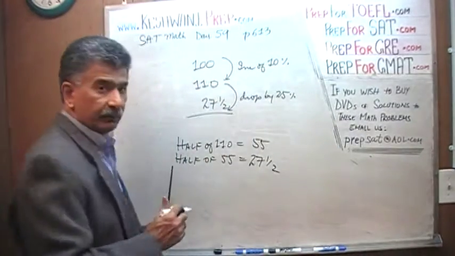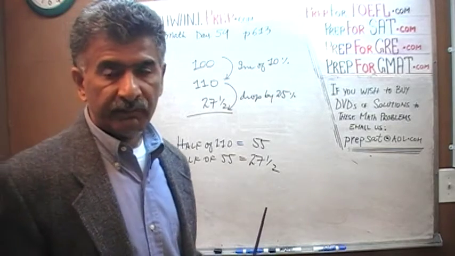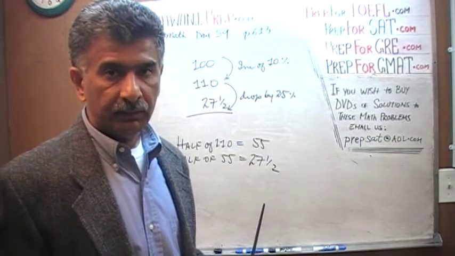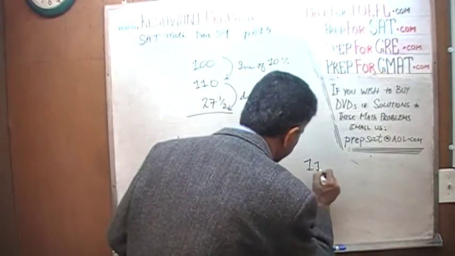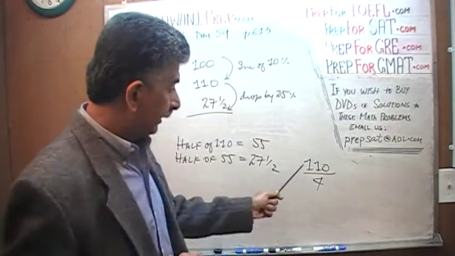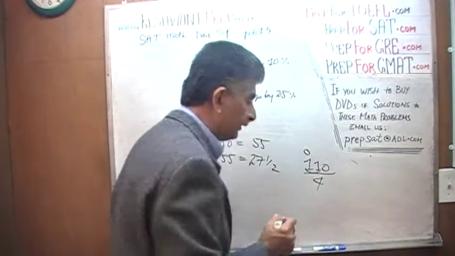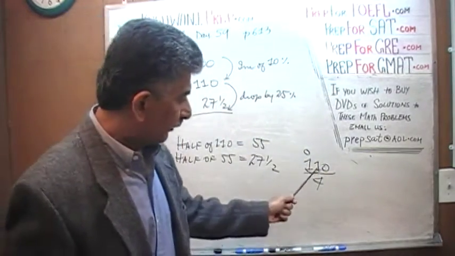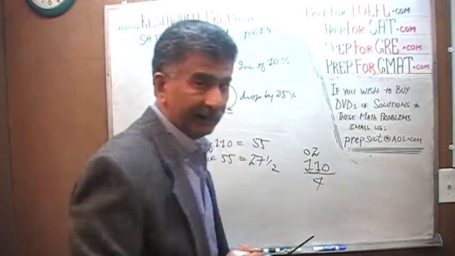Another way we could have figured out 25% of 110 is to realize that taking 25% of anything is taking 1/4 of it. And we can divide 110 by 4. How many 4s in 1? 1 has no 4s. That 1 goes and joins this guy, becomes 11. How many 4s in 11? 11 has 2 4s. 2 4s are 8.